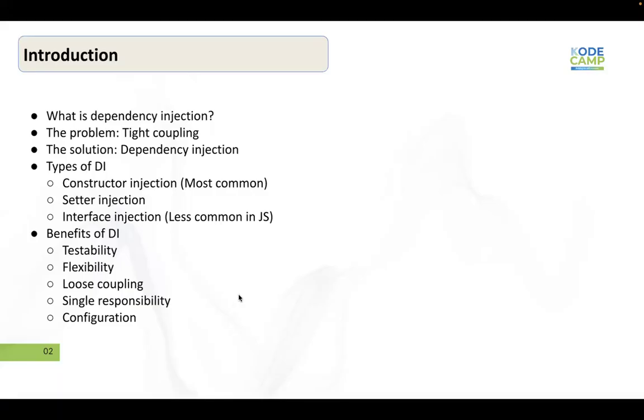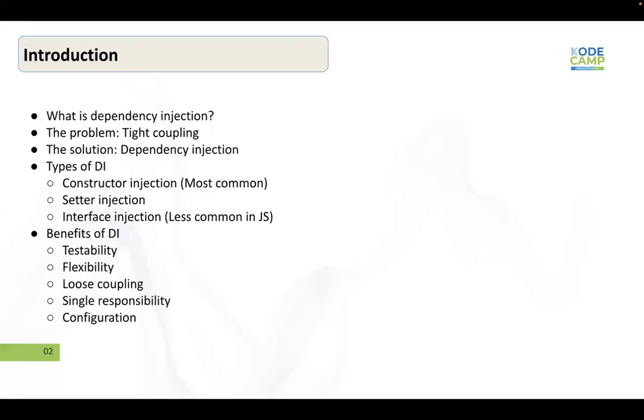And moving on, we have the benefits of dependency injection. So what are the benefits of dependency injection? 1 is testability, 2, flexibility, 3, loose coupling, 4, single responsibility and configuration. So for testability, the dependencies are easy to mock.